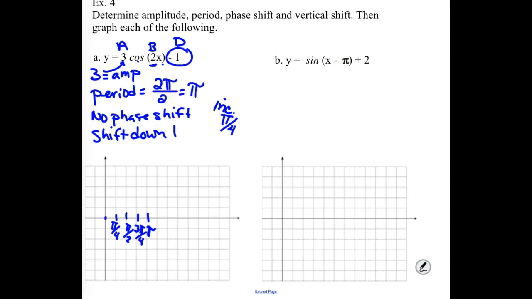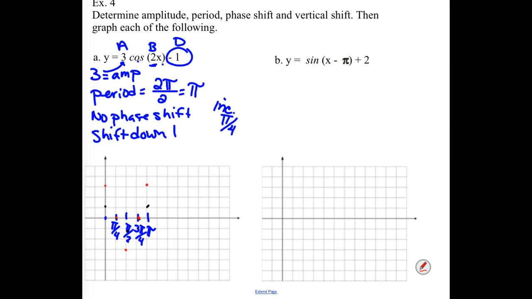So normal would be starting for cosine high. We'd be here, then 0, then -1, 0, and 1. But we're doing several things to this. We are stretching it, so it's going up to 3's and -3's, and then we are also shifting everything down 1. So if we stretch everything, we'd be going here, here, -3, 0, +3.